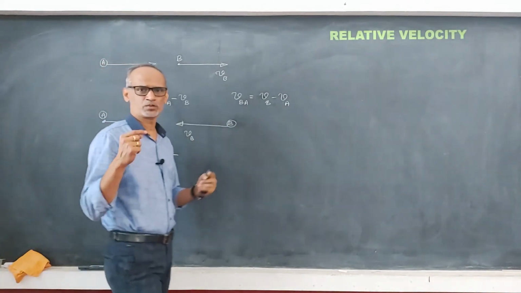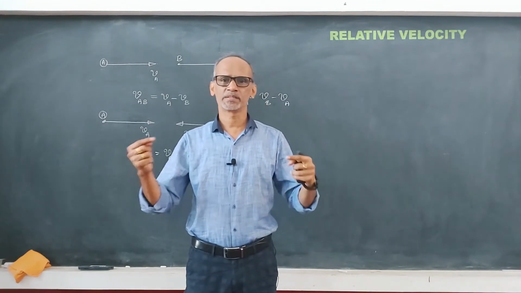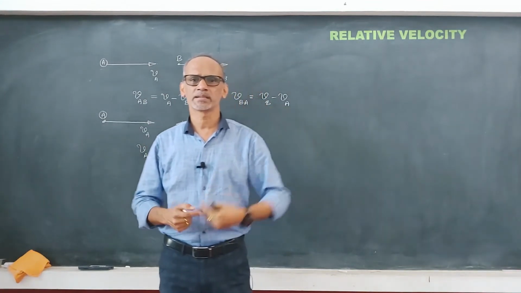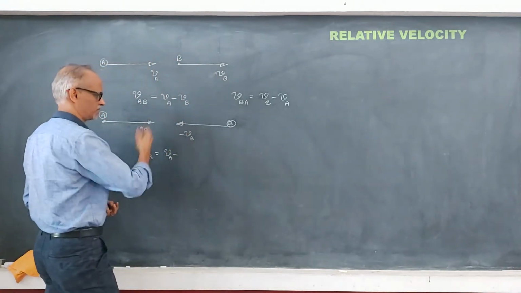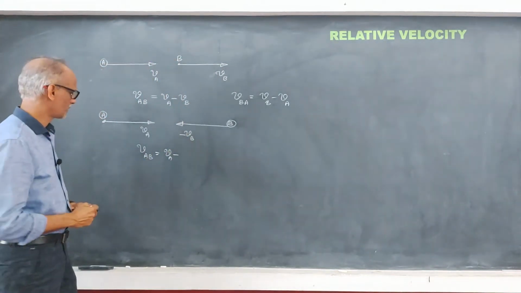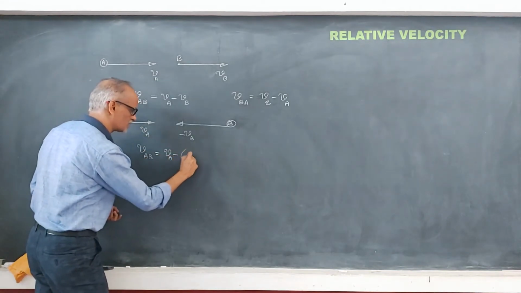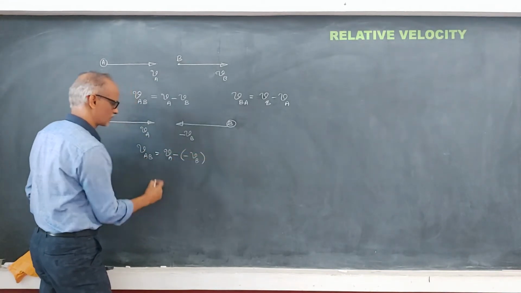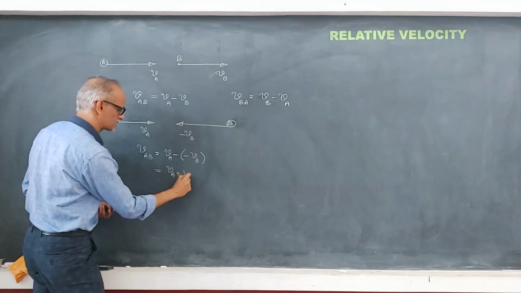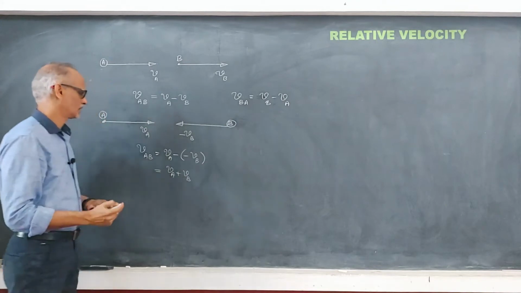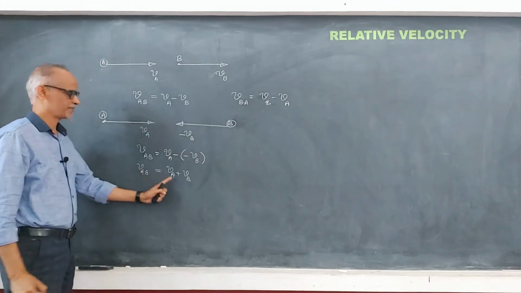Any two vectors which are opposite to each other, one is taken as positive and the other is taken as negative. Therefore, VAB is equal to VA minus of minus VB. So, that becomes VA plus VB. This is the relative velocity of A with respect to B.